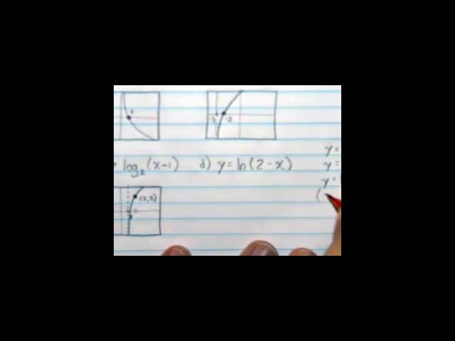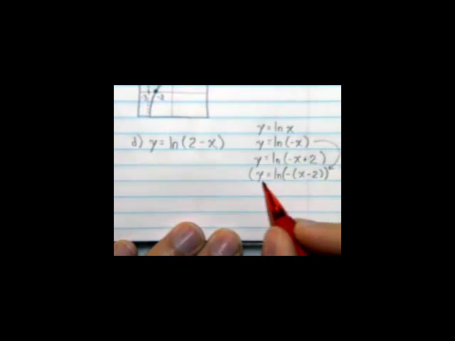So if I'm writing this thing as negative x plus 2, if I was actually substituting for x, wouldn't it be this? Think about going from this one to this one. If I wanted to replace x with something to make it equivalent, wouldn't I have to replace the x with x minus 2, because that negative would have to get distributed in there? So really what I've got going on here is y equals the natural log of negative x minus 2.